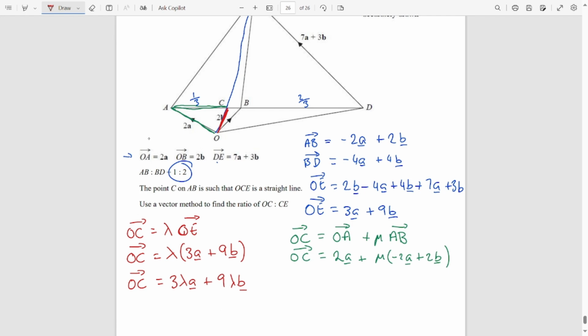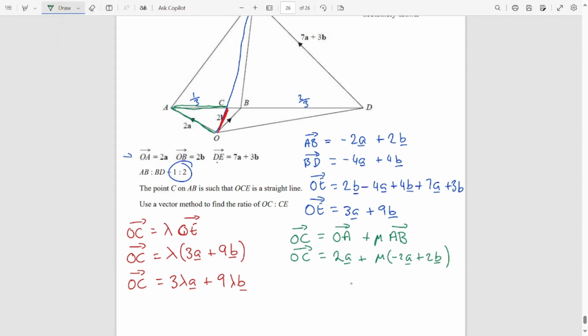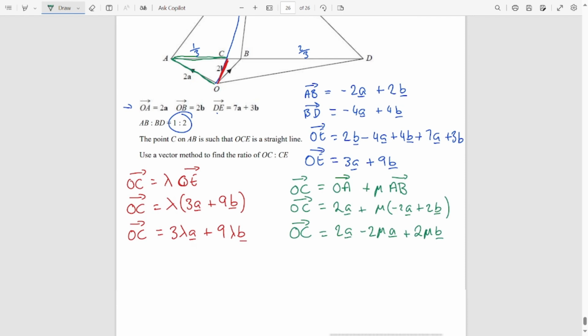We have 3 lambda A and 9 lambda B. And that's going to have to be the same as the green vector. But the green vector is harder to see right now how many A's and B's there are. Let's first expand the brackets also. So this is going to be minus 2 mu A plus 2 mu B. Now I can see I've got some A's and some B's. The B's are easy. I've got 2 mu B here, and so that must be equal to the 9 lambda B in the red.